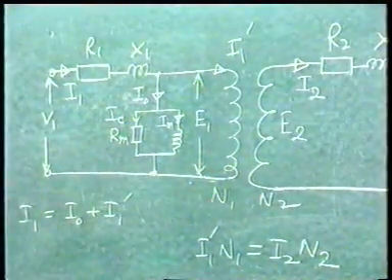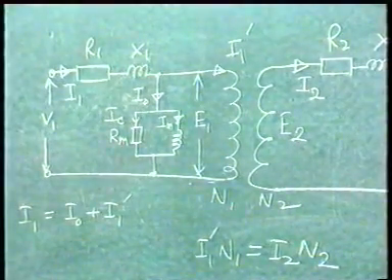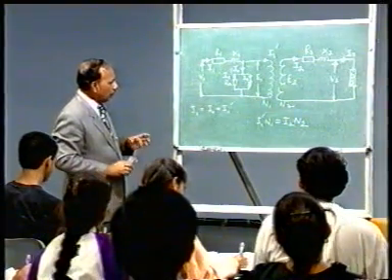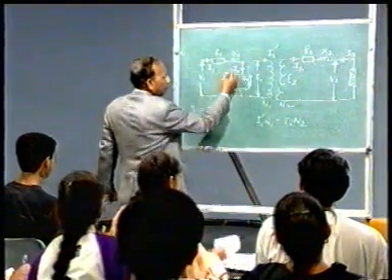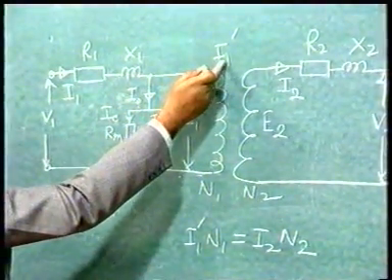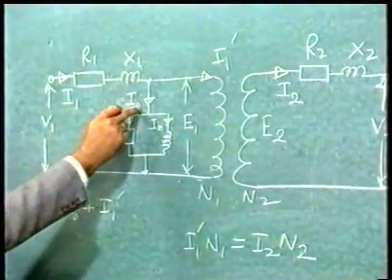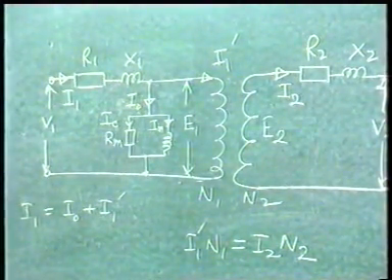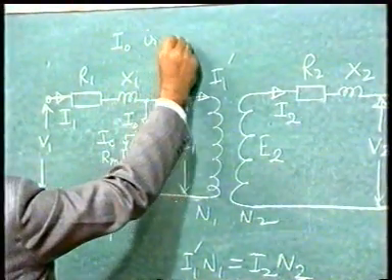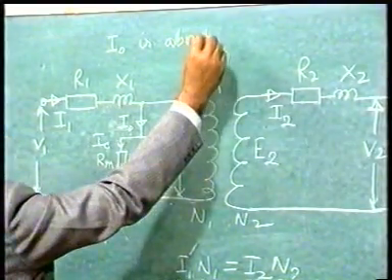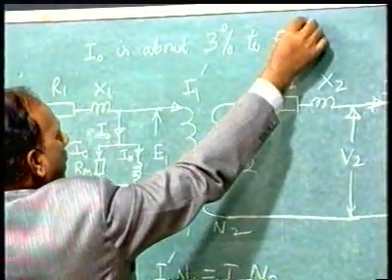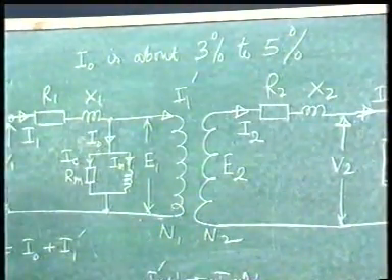We can simplify this circuit and bring it to only a single circuit by making some approximations. How? You see this parallel branch I0, as compared to I1 dash or I1, the no load current of a transformer is very small. I0 is about 3% to 5% of the full load current.